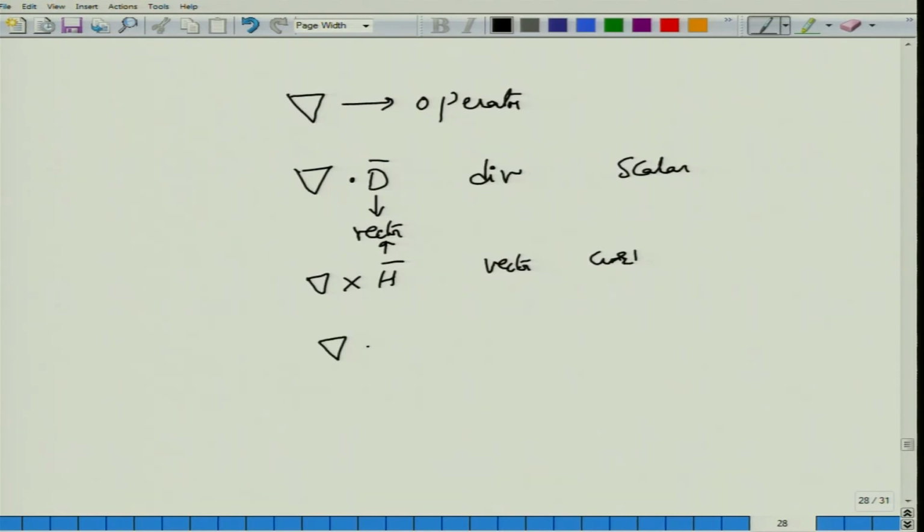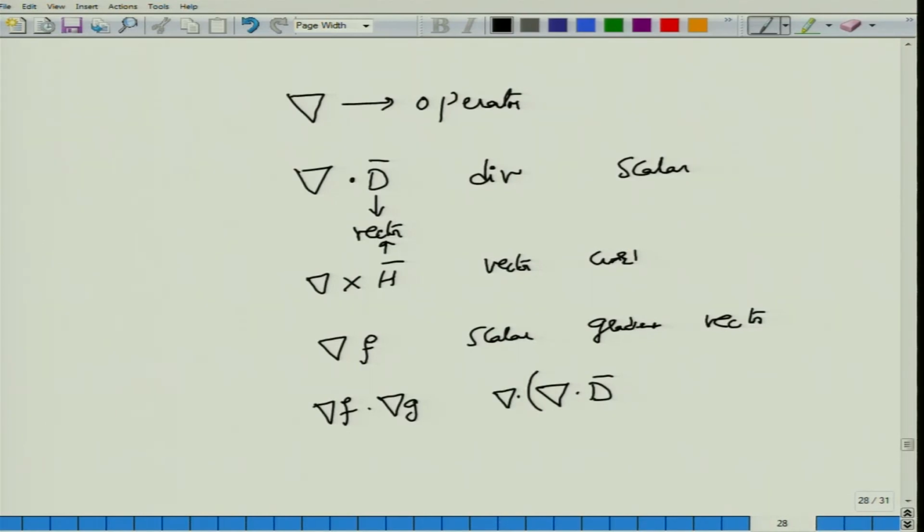Okay. Gradient is something that you will have to operate only on the scalar, but the result of this scalar will be a vector. Okay. So, this is a legitimate operation. Del f dot del g is a legitimate operation, but del dot d is not allowed. Why is it not allowed?